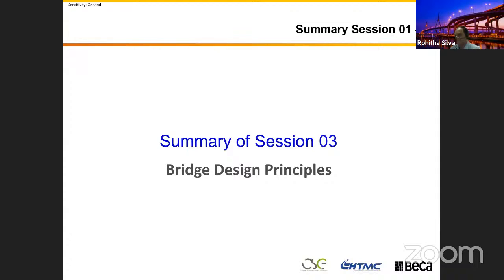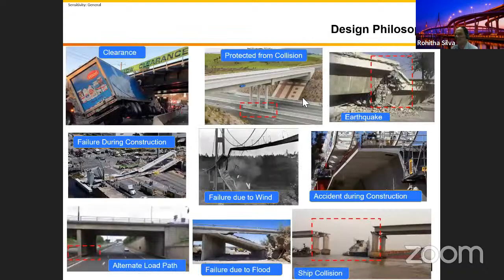Then number 3, I think we talked about more or less bridge design principles. I think any structural engineer is familiar with this one. But to start with, I said that when we are designing bridges, these are the situations we need to consider: the clearances, the earthquake, and failure due to wind.